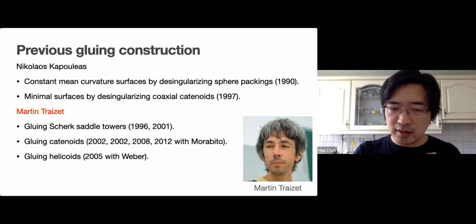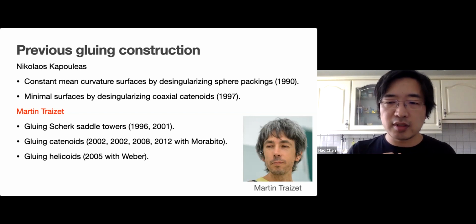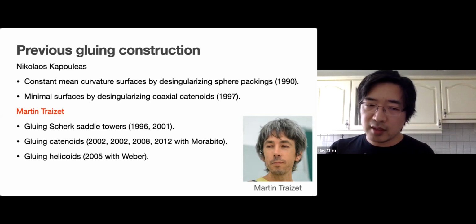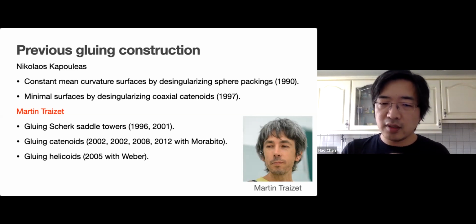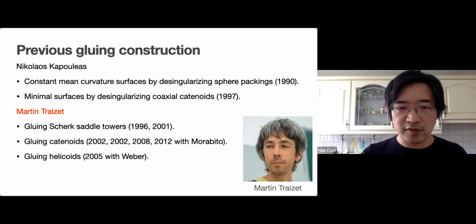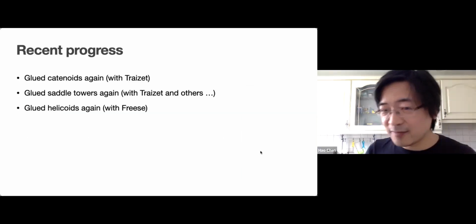Then he had a series of papers that glued catenoids into minimal surfaces, and these papers are more and more technical. And in 2005, he also worked with Weber to glue helicoids into minimal surfaces. So then what is the recent progress?